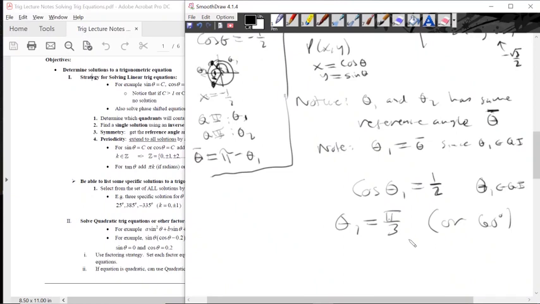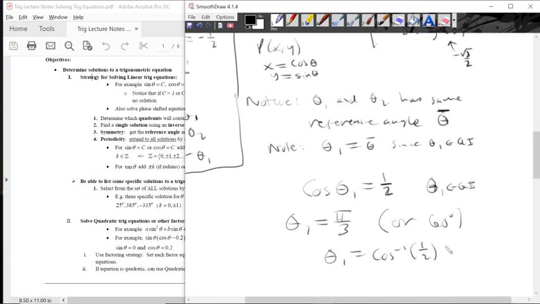Now, more generally speaking, so that we can solve equations where maybe we don't know what the output is really going to be, we can also use the calculator. Theta 1 is equal to the arc cosine of 1/2. You can try that on your calculator right now in order to find out what the solution is.